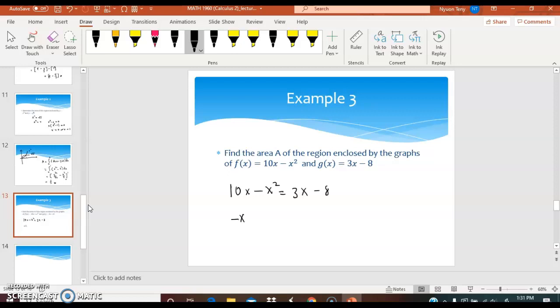That is going to be x squared minus 7x minus 8 equals 0. Factoring, minus 8 plus 1, x is equal to 8 and x is equal to negative 1.